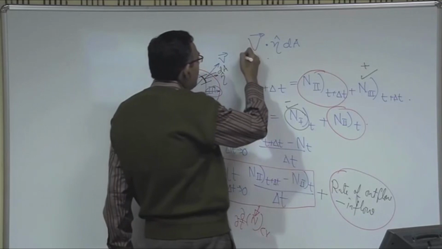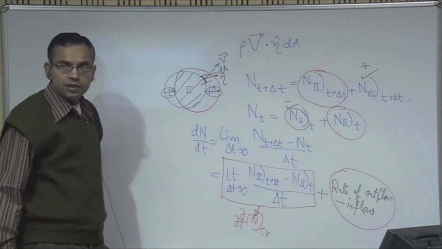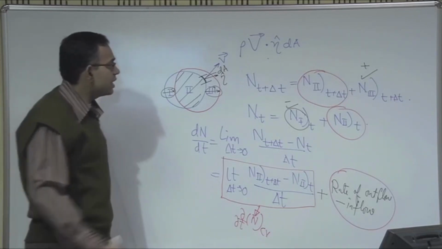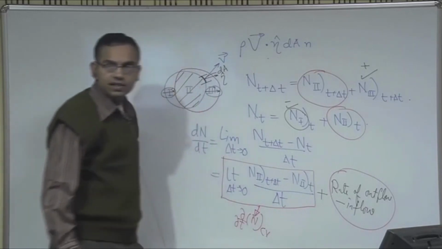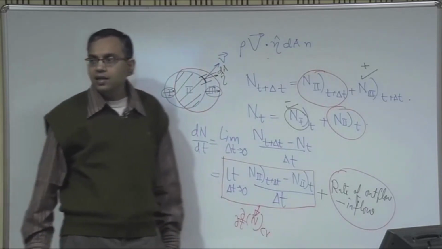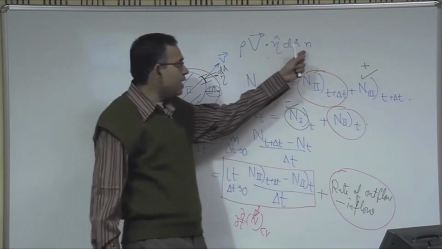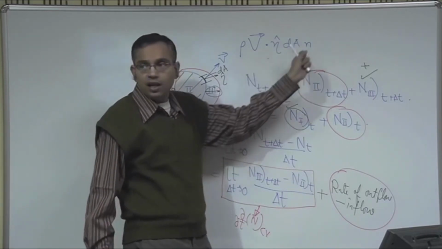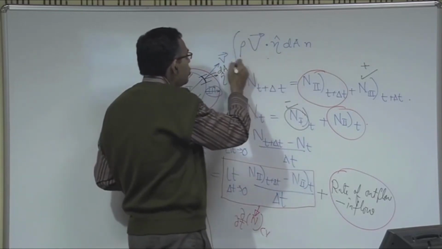This multiplied by rho is the mass flow rate, and let us say that small n is the property per unit mass, that is small n is capital N per unit mass. So if you multiply that with small n, this is the total outflow of the property integrated over the control surface.